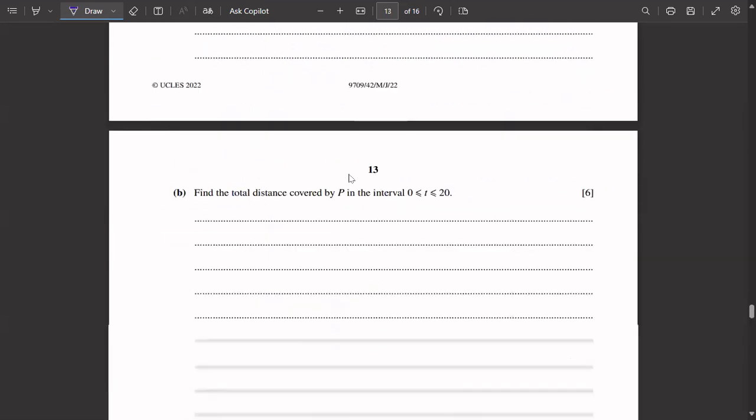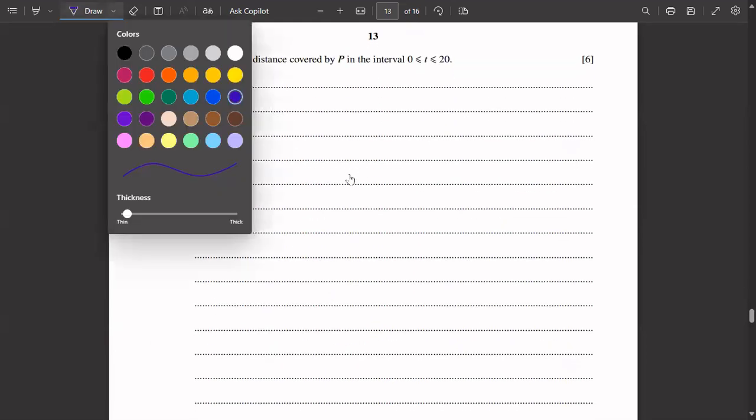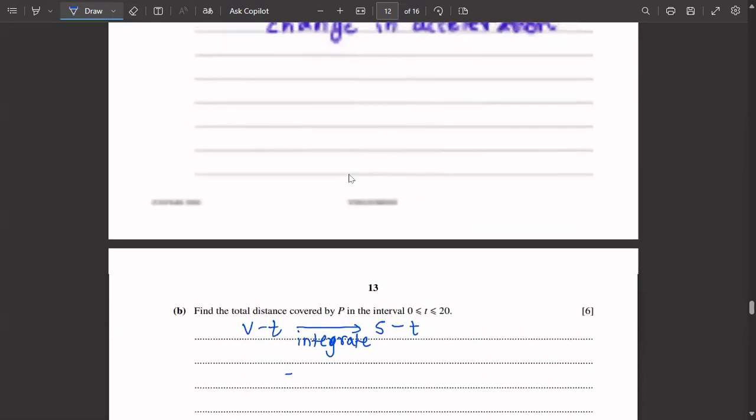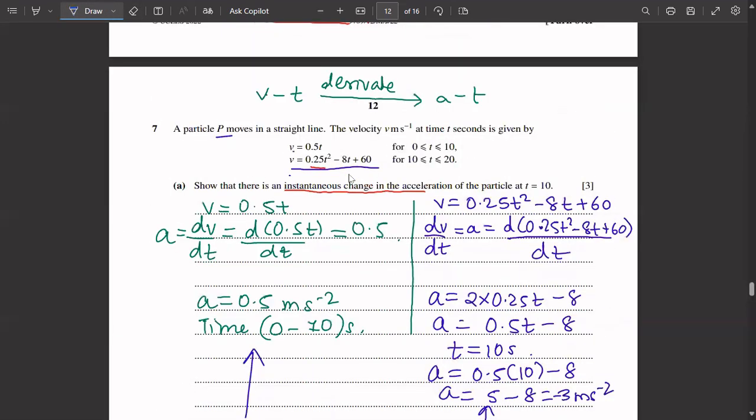So now if we want to go from velocity time graph to displacement time graph, then what we'll do is we'll integrate. I made a very minute error here. It should not be distance time, it should be displacement time. So the velocity is 0.5t.